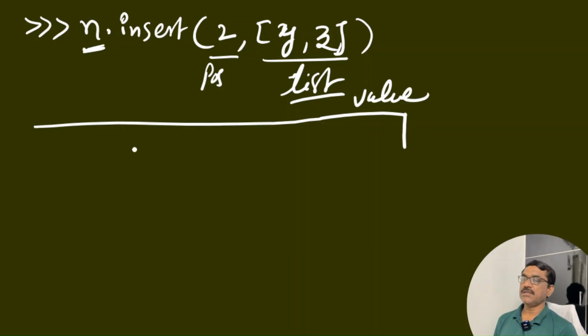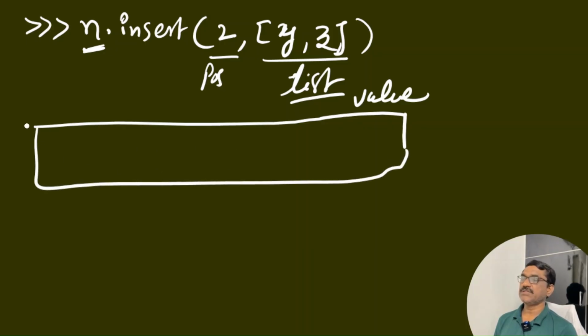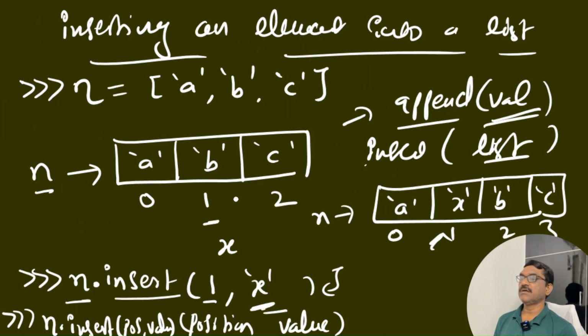Previously, we had the list n represented like this: a, then at position 1 we got x. This is 0 and this is 1. Now at 2 we have b and at 3 we have c.